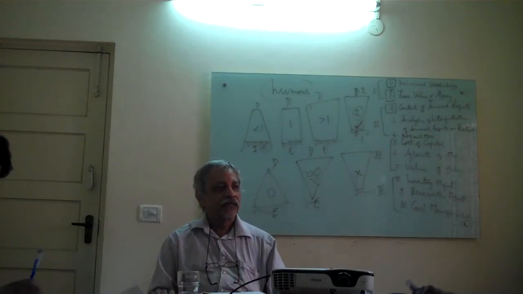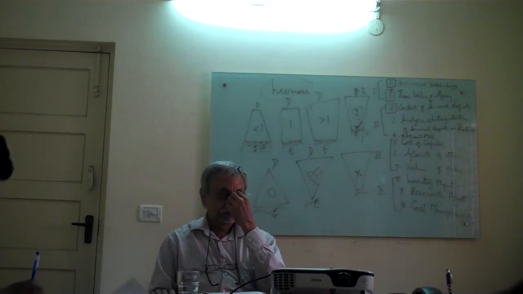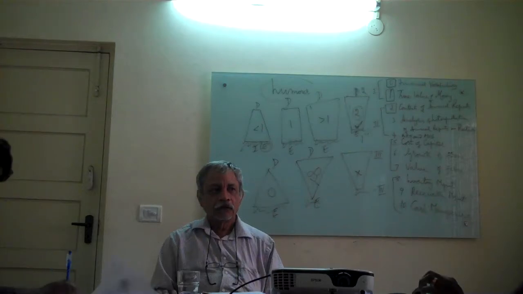Anybody else can repeat that? Current liability is a source of funds payable out of current assets.